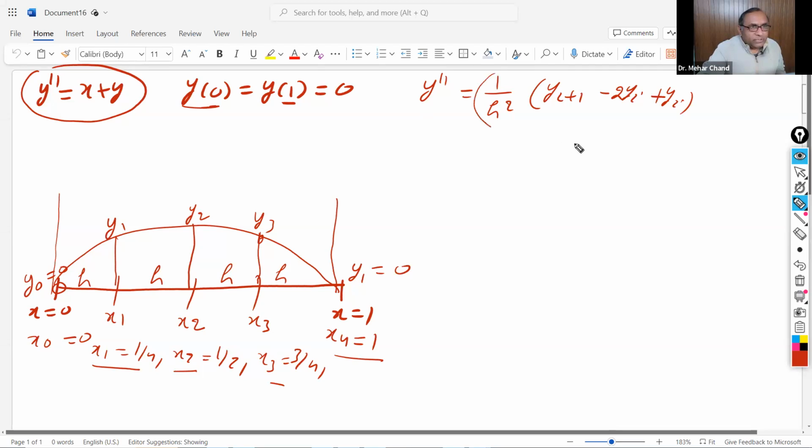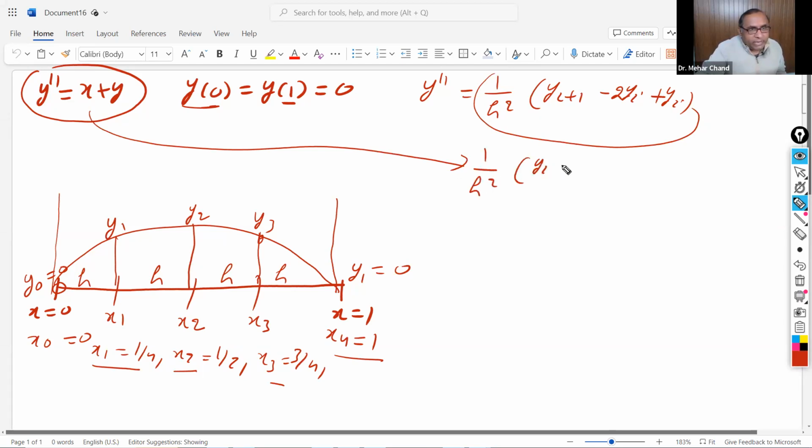When you use this value in the given differential equation, this will be reduced to 1 upon h square (y_{i+1} minus 2y_i plus y_{i-1}) on the left, and on the right hand side, x plus y, this will be x_i plus y_i.